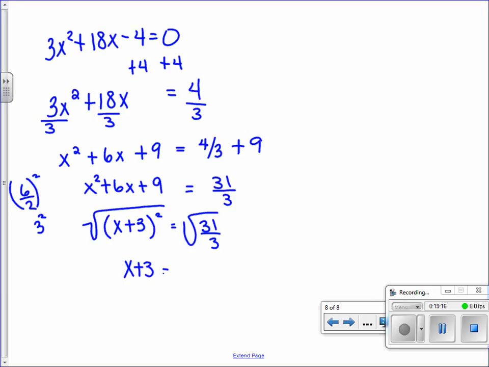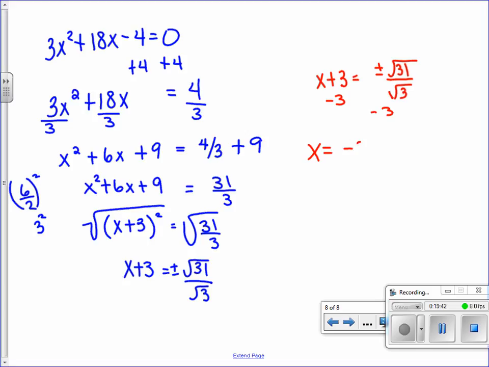I have x plus 3 equals plus or minus the square root of 31 over the square root of 3. You know we're going to have to do something with that, right? Subtract 3.